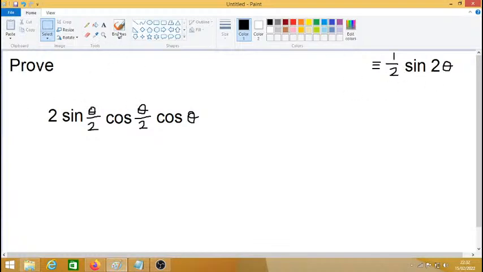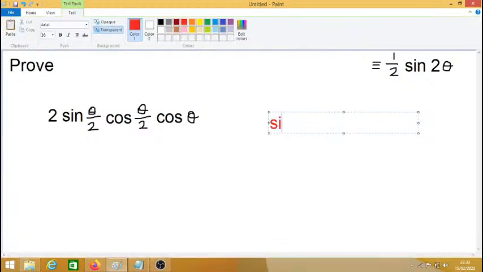The first thing you want to notice is that we've got sine of an angle times cos of an angle immediately one after the other, and we've got a 2 at the front. So when you see that, you want to think of your 2 sine theta cos theta identity.